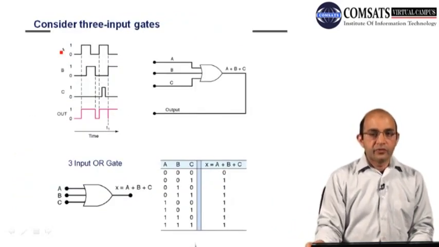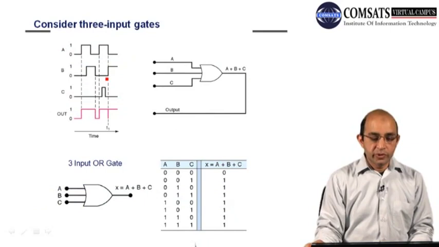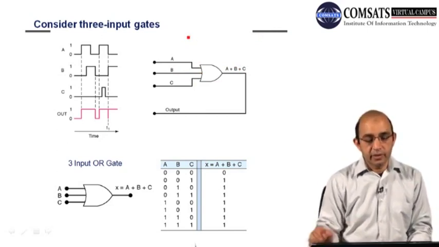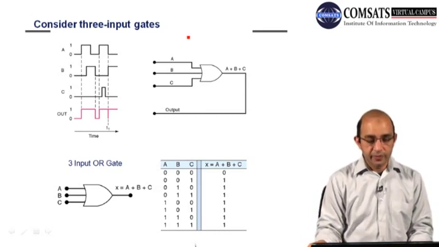And then we can have 3 inputs on a particular gate. So we have an OR gate over here, and we have 3 inputs, because till now we were talking about only 2 input gates. We can have 3 input gates. It depends on the manufacturing, right? So here A, B and C are representing the inputs in the waveform.